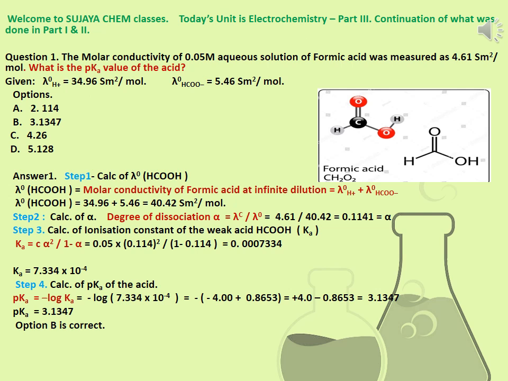Removing the negative sign and the brackets, we get it as plus 4.00 minus 0.8653, which is equal to 3.1347. So pKa value is calculated to be 3.1347. So if you look at the options, option B would be the right answer.